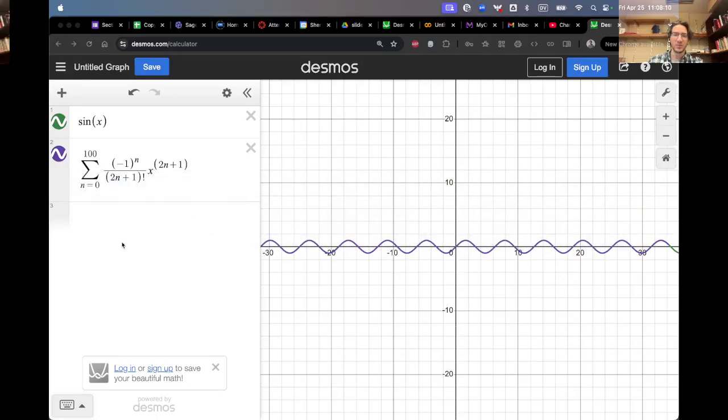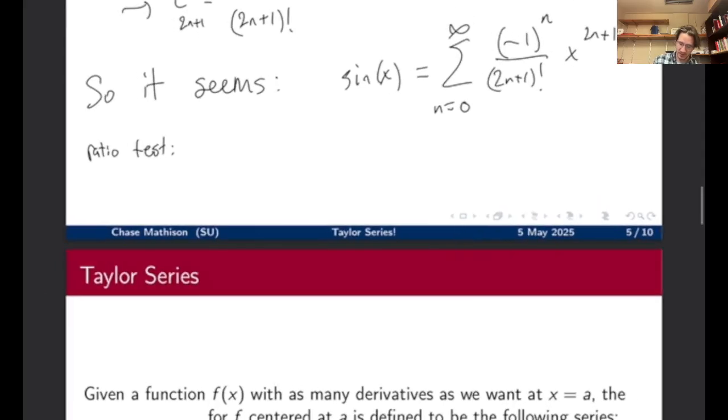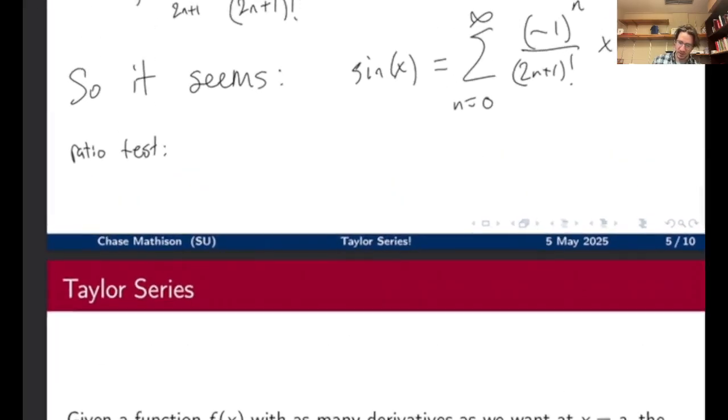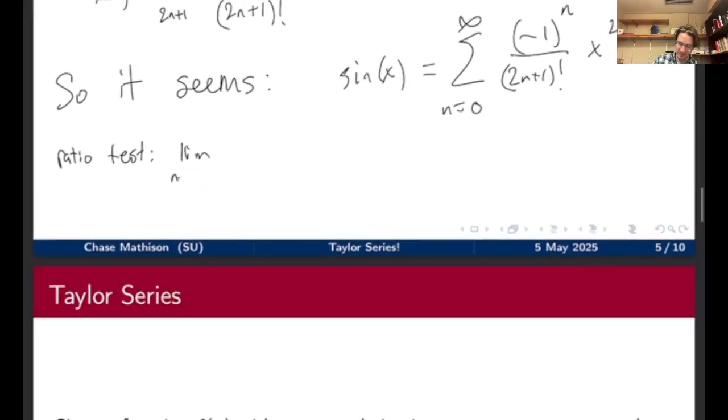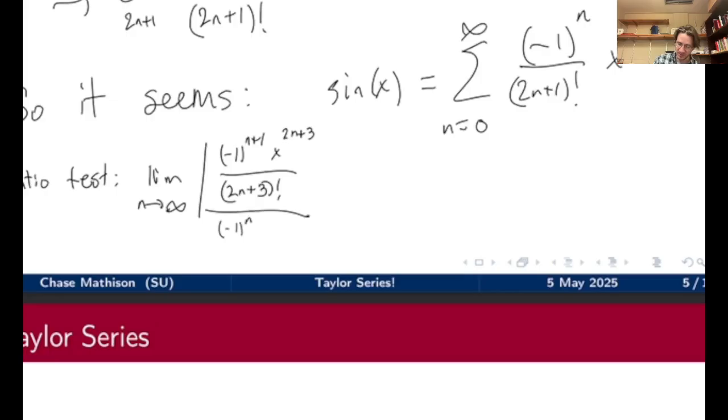Okay. So let's actually verify that right now by using the ratio test. The ratio test says, let's look at the limit as n goes to infinity of the n plus first term, so negative 1 to the n plus 1 times x to the 2n plus 3 over 2n plus 3 factorial, and then divide that by negative 1 to the n, x to the 2n plus 1 over 2n plus 1 factorial, which is the limit as n goes to infinity.